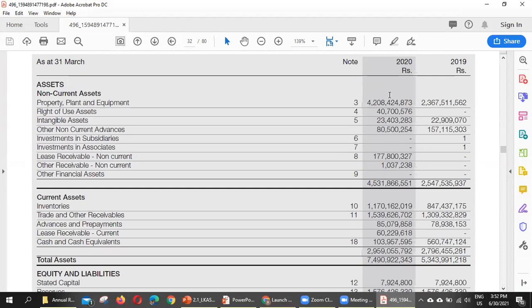But when they present the financial statement, they include the previous year's figures also, for the purpose of comparativeness. This is the minimum. In all the financial statements, you can find two columns: one column dedicated to the current year, and another to the previous period, for the purpose of comparability.